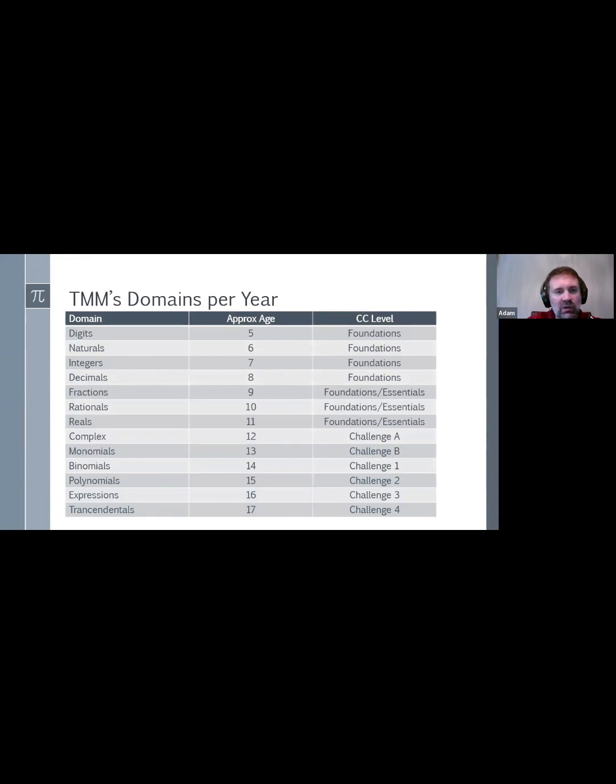This is the approximate schedule. It is actually more at the parent's discretion of when you want to do these different domains. So if you have someone who's struggling, it's probably beneficial just to go to naturals, even though it's the approximate age in the order of the domains, about 6 years old, in the foundations.